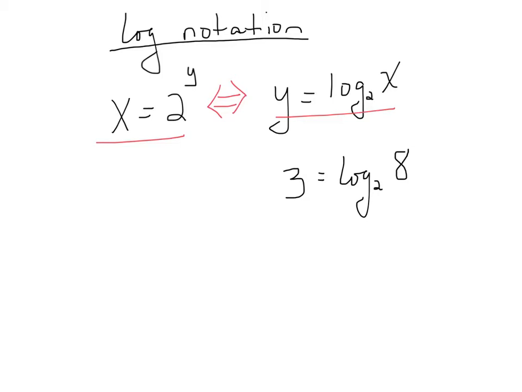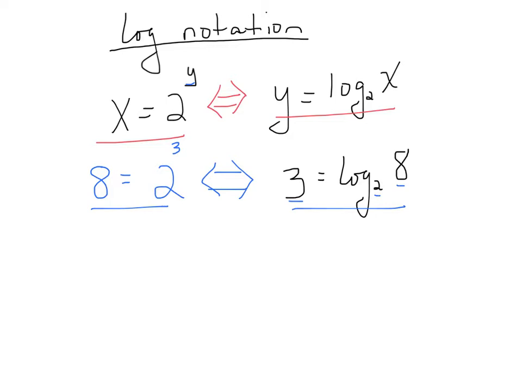I could put this into exponential form by understanding that this base right here, log base 2 of 8, is the base on the exponential, but that this 3 actually represents the exponent on the exponential because that corresponds with the y, and the 8 represents the x, or over here, the answer. And when you look at it in exponential form, you can see that this is definitely a true sentence because 2 to the third is equal to 8. Okay, but again, these are equivalent formats, one in exponential form and one in log form.